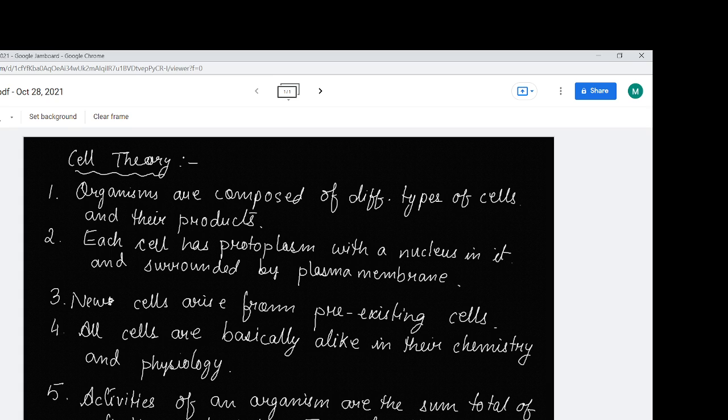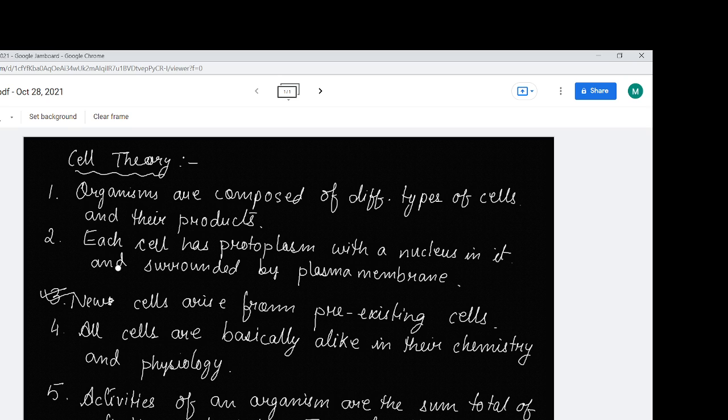Now, this was the cell theory which was later modified. It was modified by another scientist called Rudolf Virchow. And this Rudolf Virchow actually added this new point, that is, new cell arises from pre-existing cell. So initially when Schleiden and Schwann composed this cell theory, this point was missing. But later on, after Rudolf Virchow had completed his studies, he included this new point in that.